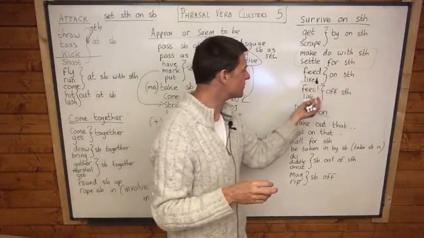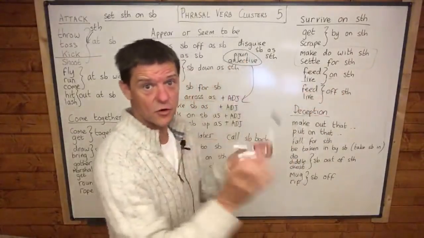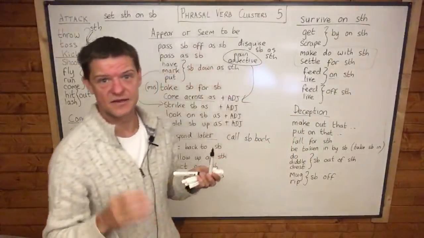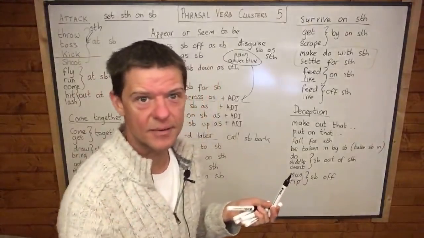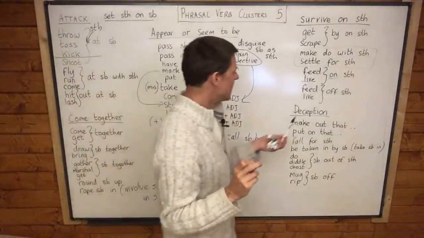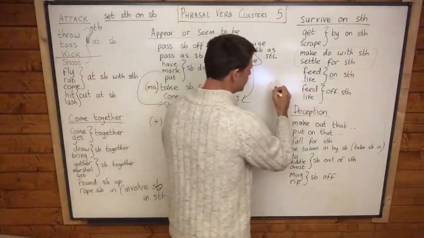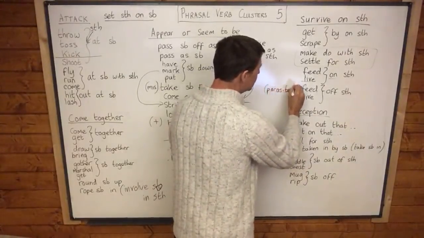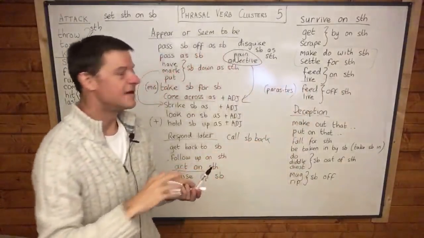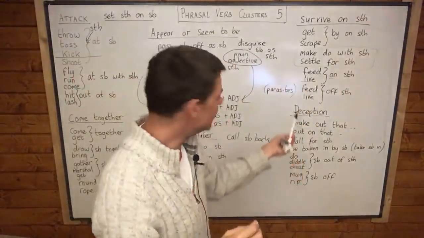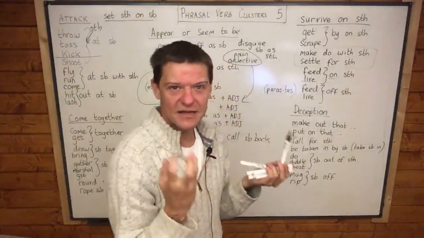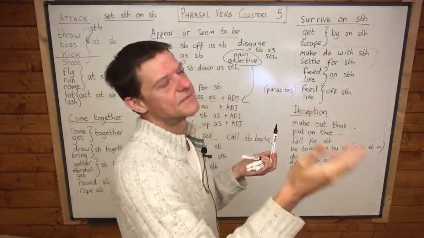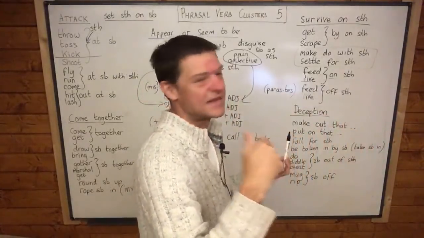If you feed on something or live on something, then you survive on that something. So this is very often biological, and you might say that this particular parasite feeds on the blood, something like that. Now, parasites, I think, are even better for this one, because feed off or live off are exactly the same as feed on and live on. But in my opinion, we use this very often to mean in parasite fashion. So you might say that that guy, he's a bad son.